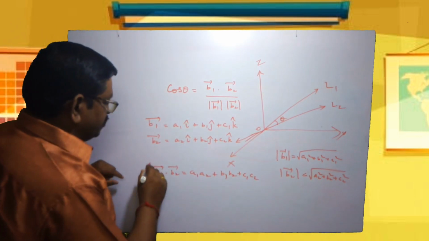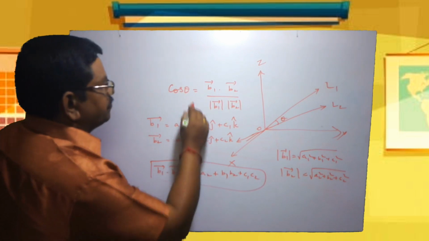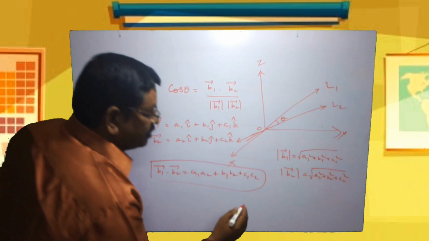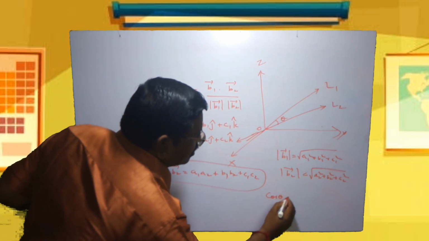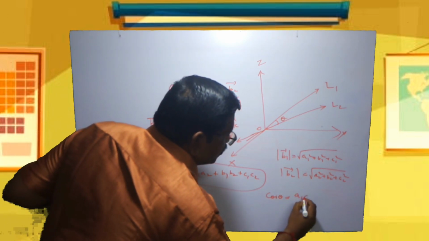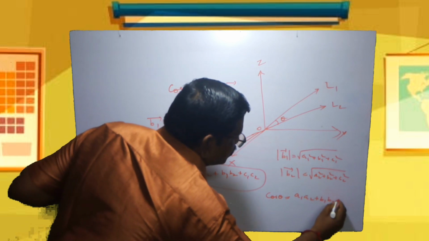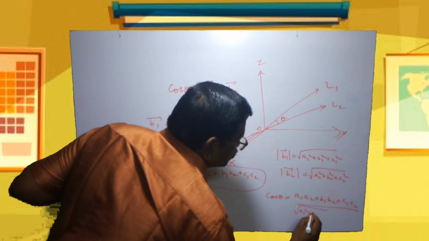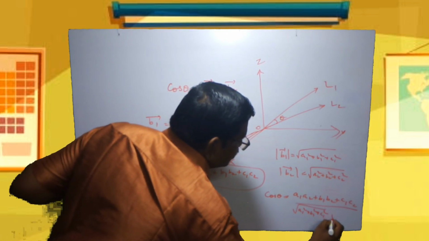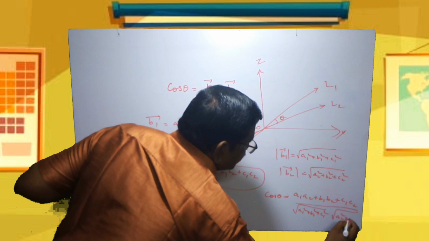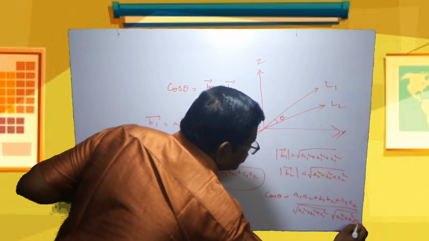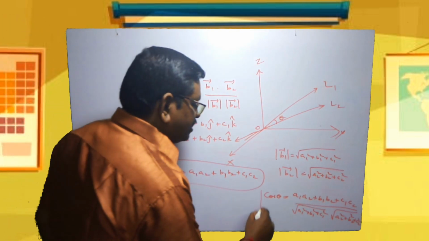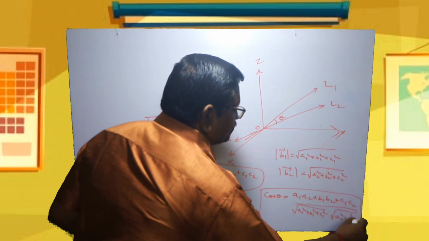Let us substitute all the three values in the formula cos theta is equal to b1 dot b2 divided by modulus of b1 into modulus of b2. So we get cos theta is equal to a1 a2 plus b1 b2 plus c1 c2 whole divided by square root of a1 square plus b1 square plus c1 square into square root of a2 square plus b2 square plus c2 square. So this is the final answer we have attained.